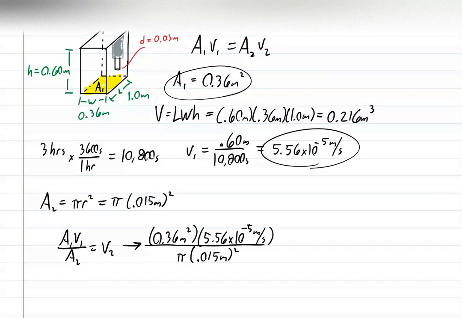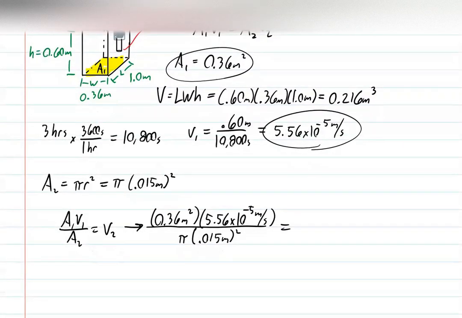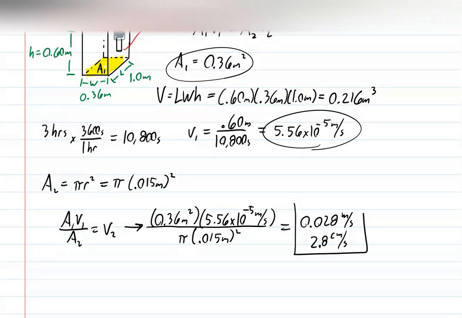Following order of operations and making sure I keep the bottom together, we end up getting a velocity of 0.028 meters per second, which is the same thing as 2.8 centimeters per second.